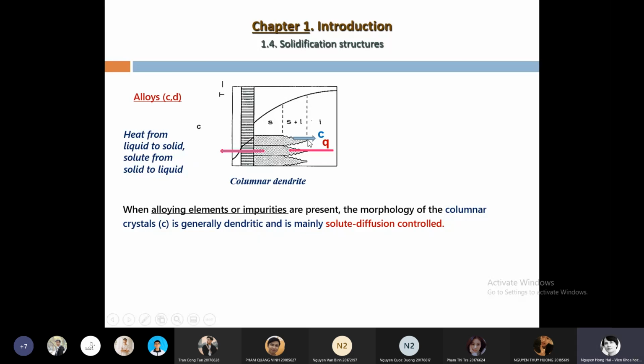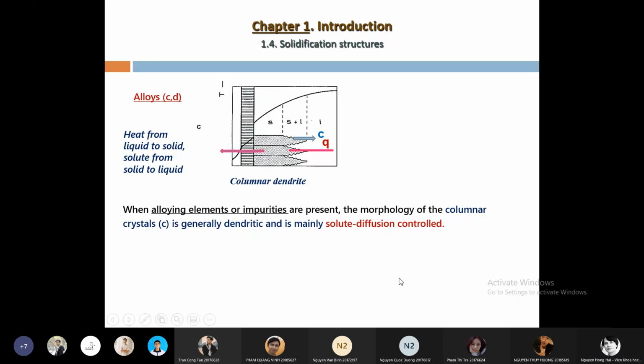So we have the diffusion flow from solid to liquid. So heat from liquid to solid, the solute from solid to liquid.